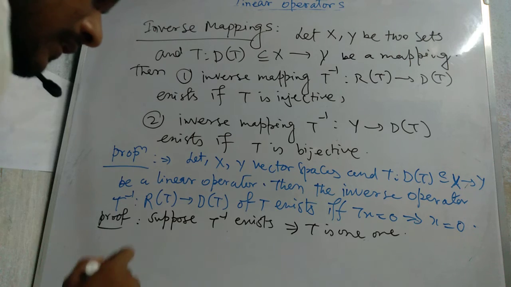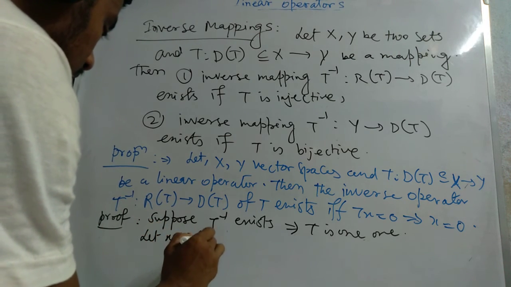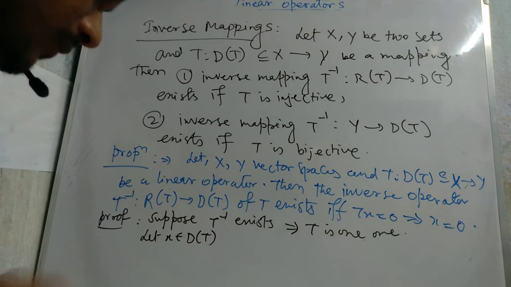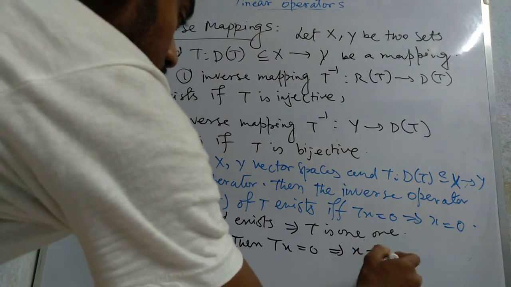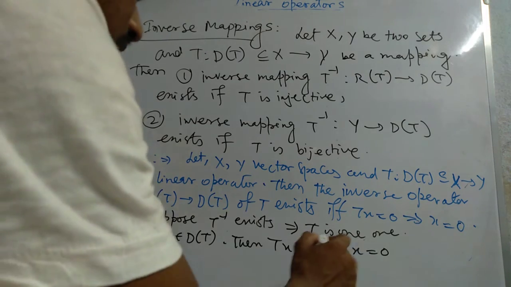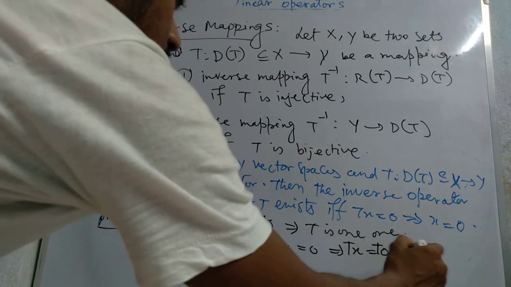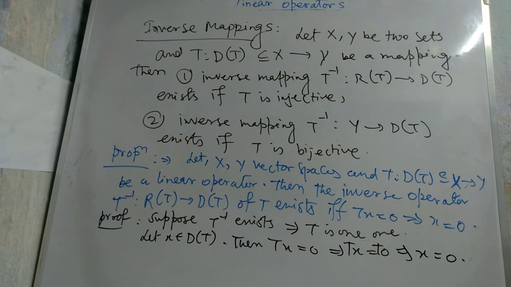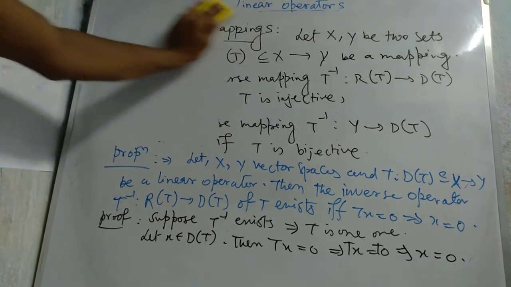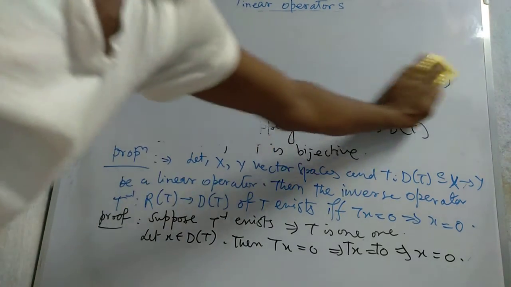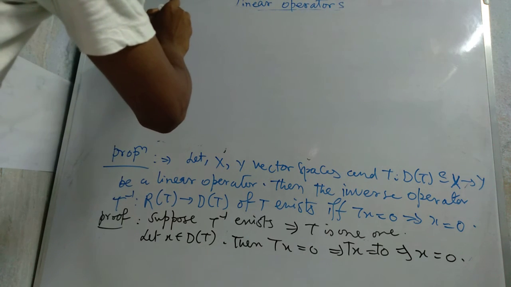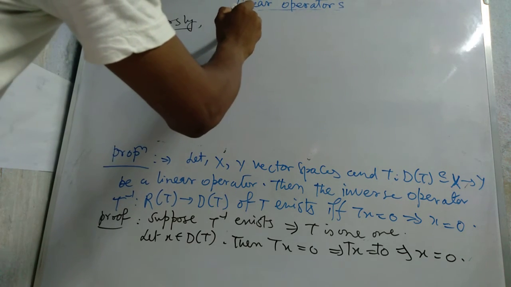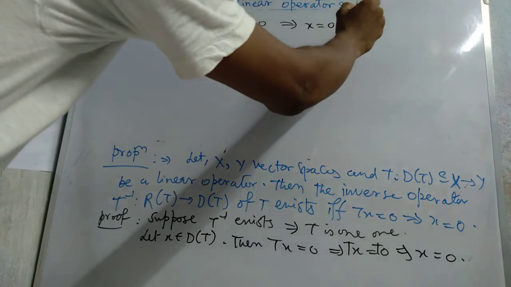T is one-one means: let x belong to D(T); then T x equal to 0 implies that x equal to 0, because T x equal to T 0 equals 0, so x equal to 0, since T is one-one. Next we talk about the converse.